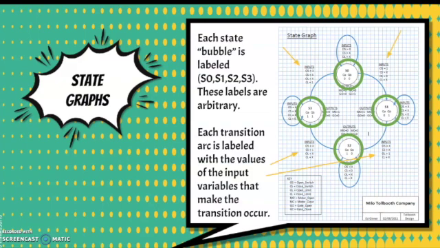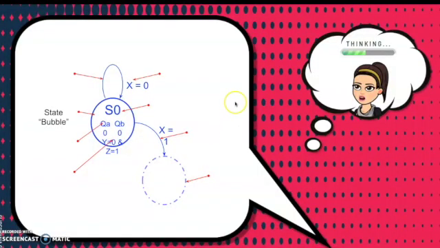Each transition arc is labeled with the values of the input variables that make the transition occur. So you can see we have S0, and this transition arc is labeled right here with the inputs that make S0 occur. And then we also have that labeled over here so that we know what's going to trigger this to go from S0 to S1. And then we have the hold right here for the state.